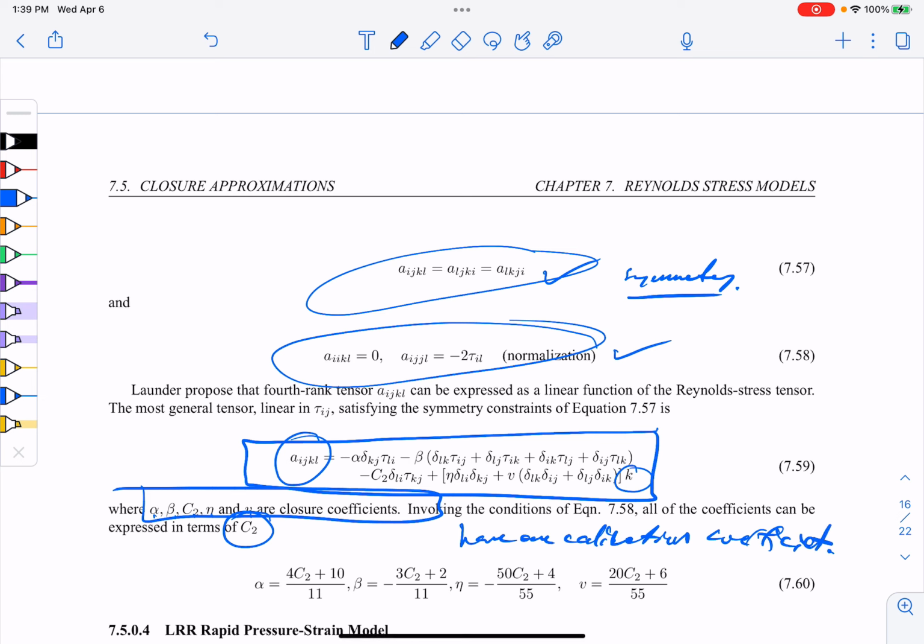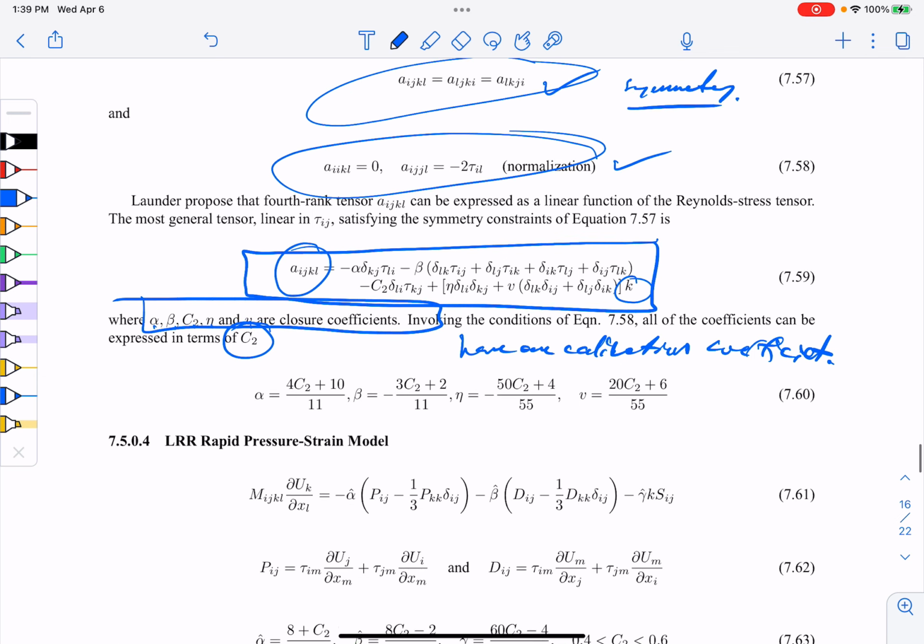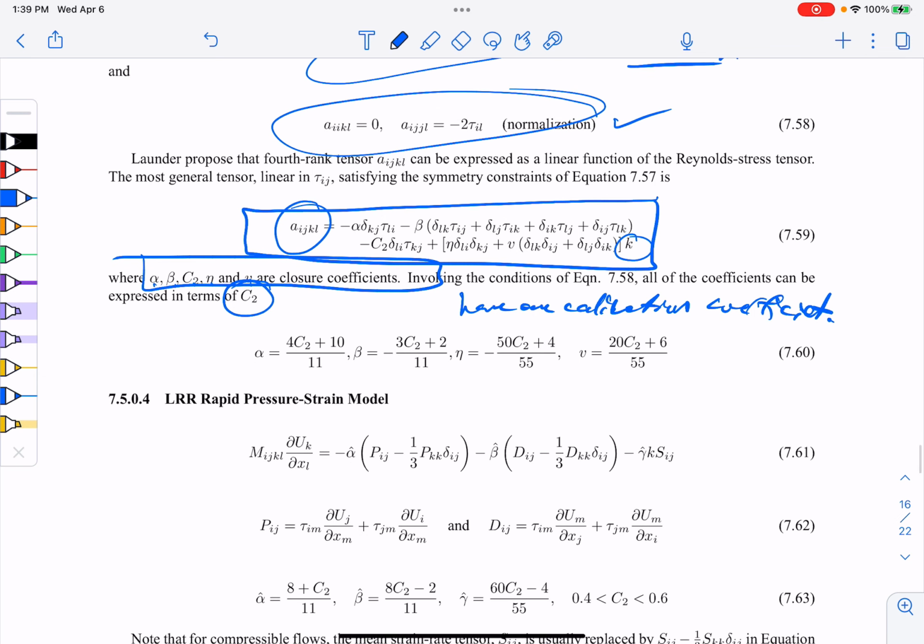And their model can be summarized as one of the first closures that was put in an exercise against CFD codes and experiments in the 70s. They're incredibly expensive computations. And that's summarized here as the LRR model, which stands for Launder, Reece, and Rodi, 1975.